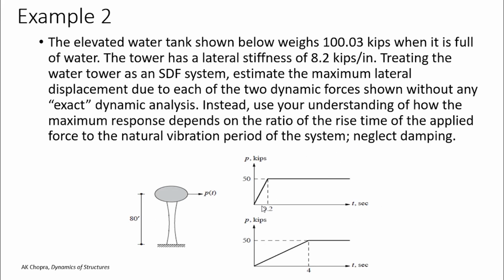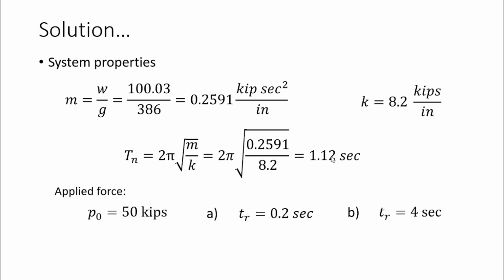Now, looking at these different forcing functions, we have two cases. In both the cases, the maximum amplitude of the force is the same, that is 50 kips, but the rise time changes. So in the first one, the rise time is less, that is 0.2, and in the second one, the rise time is very large, that is 4, and the natural period is only 1.12 seconds.